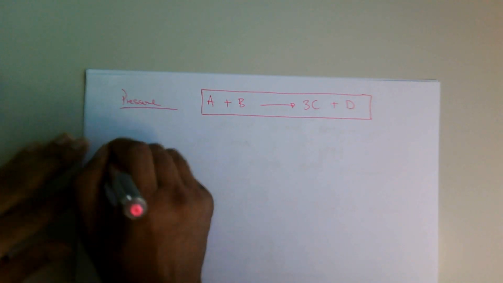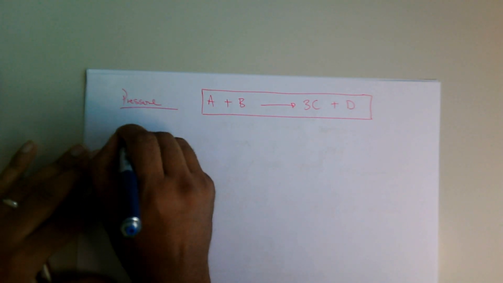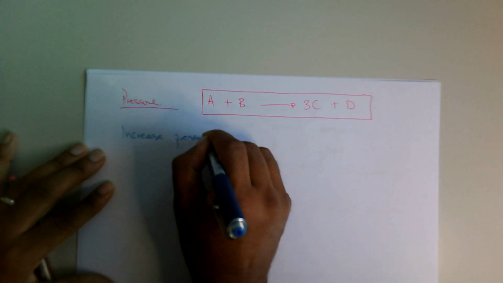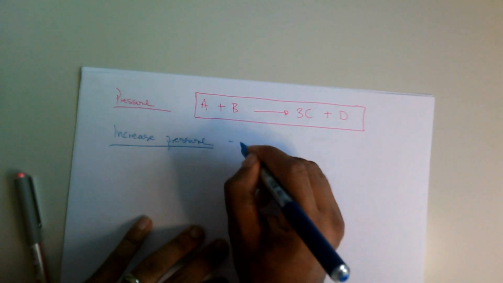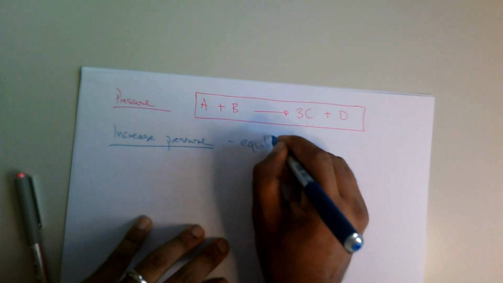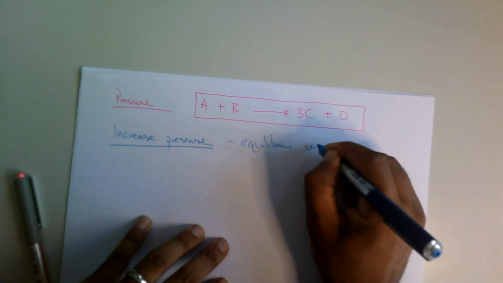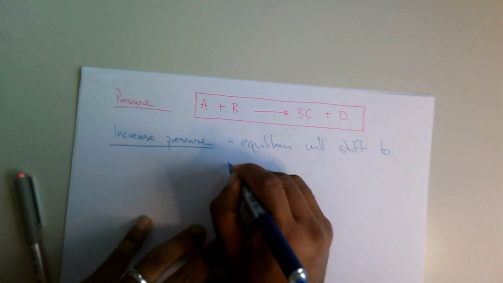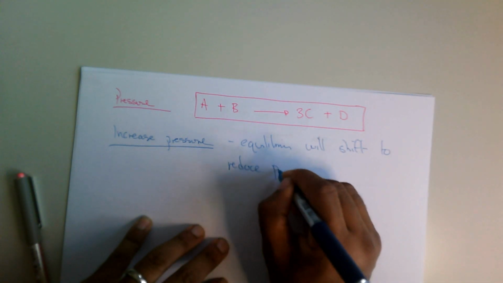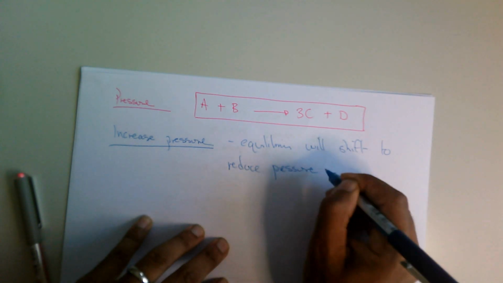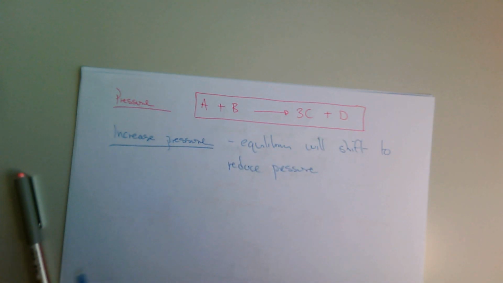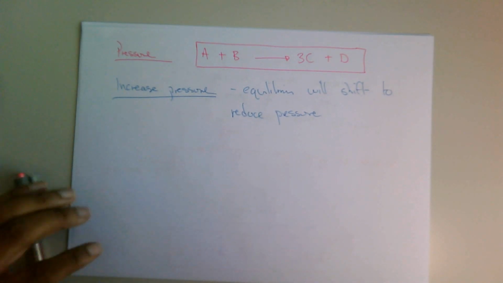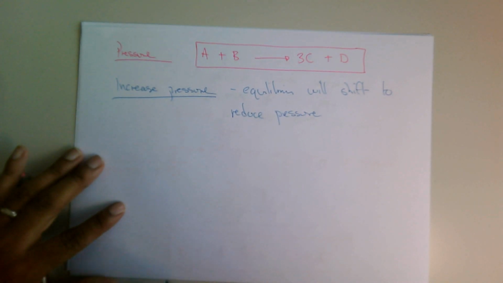Now we will increase pressure. When increasing pressure, equilibrium will try and reduce it, so equilibrium will shift to reduce pressure. In this case, I'm not going to talk about endothermic or exothermic. I'm just going to talk about the number of molecules on each side.